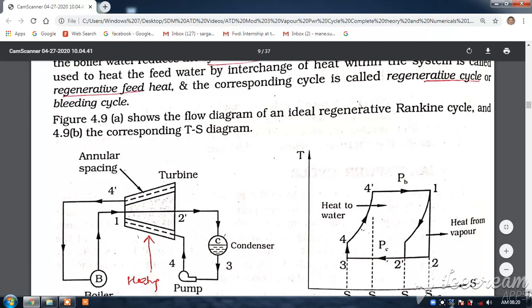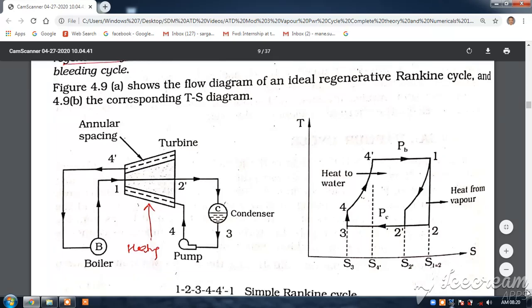So we will see the flow diagram along with the TS diagram. Please see here, this is a boiler. When we are pumping the water to the boiler, it is passing through the annulus of the turbine and going to the boiler. In the boiler it is heated, then expanding in the turbine, coming to the condenser, going to the pump.